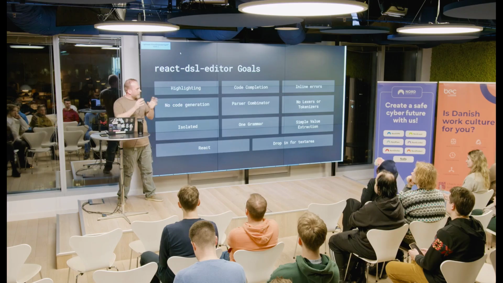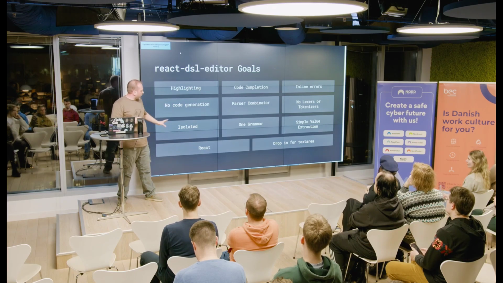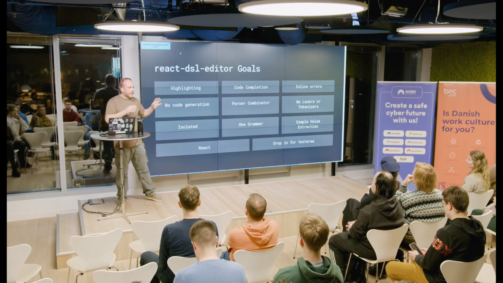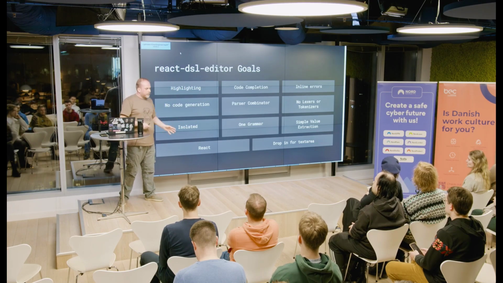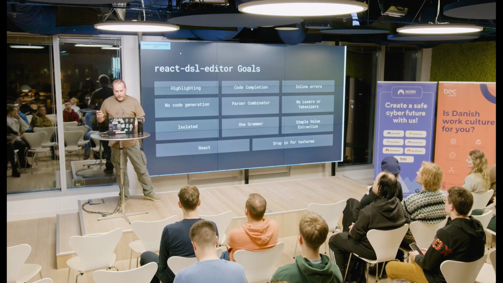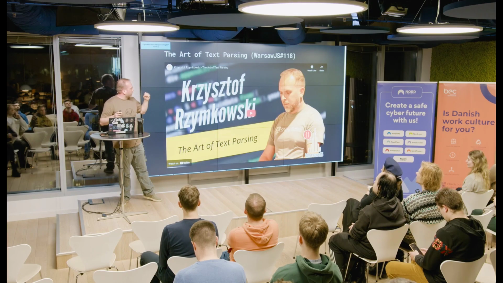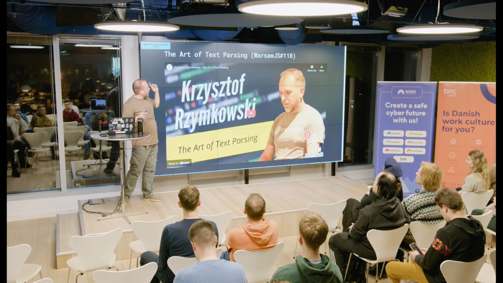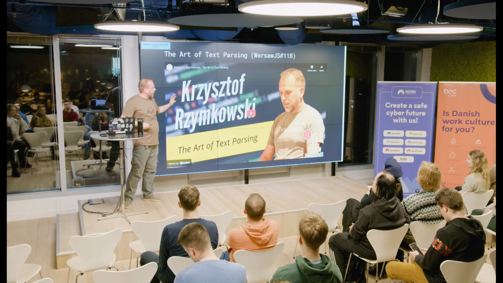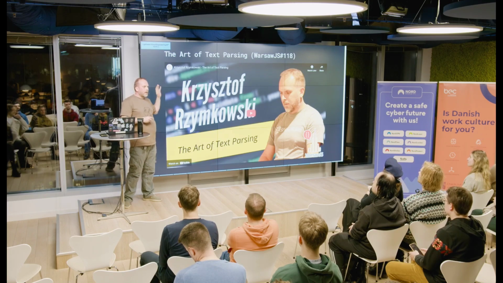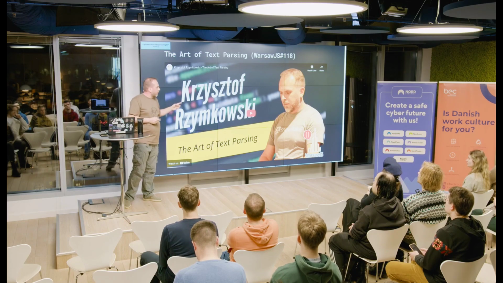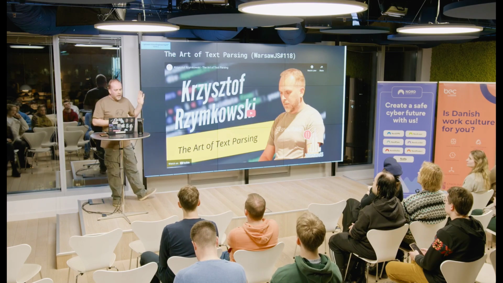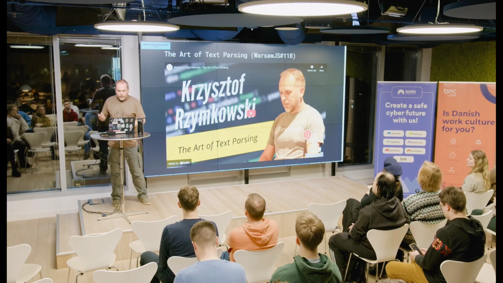Just regular expressions, and building on top of them. And of course, I wanted to be able to have multiple instances of it, multiple languages, multiple editors, so it needs to be fully isolated. And for parser combinators, I actually did a talk on WarsawJS about just parsing, where I went through different ways of creating parsers. And at the end, there's an intro into parser combinators, so you can check it out.